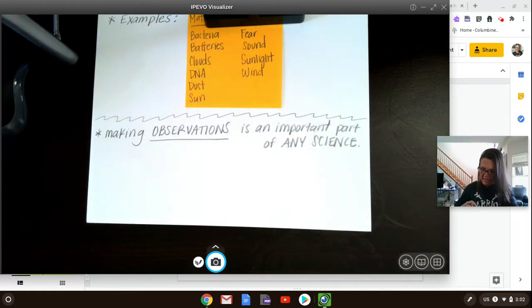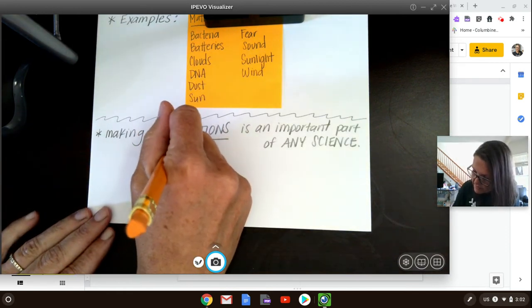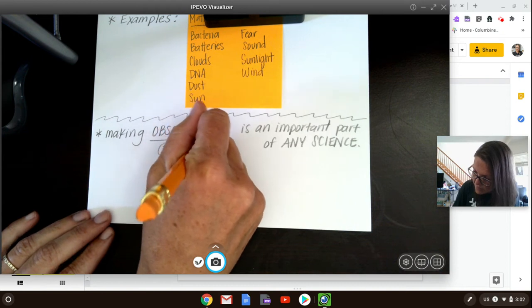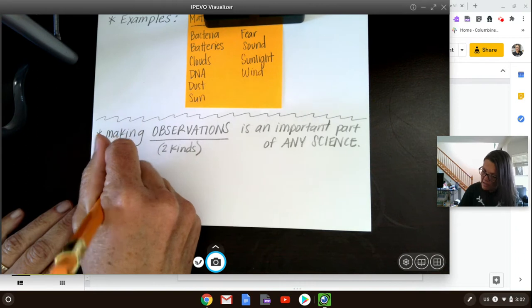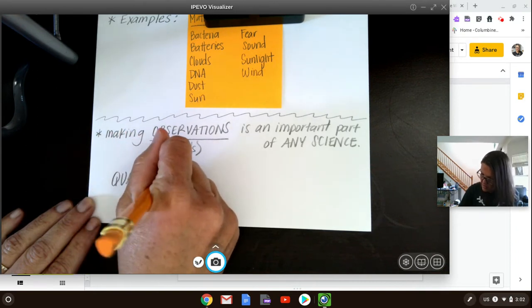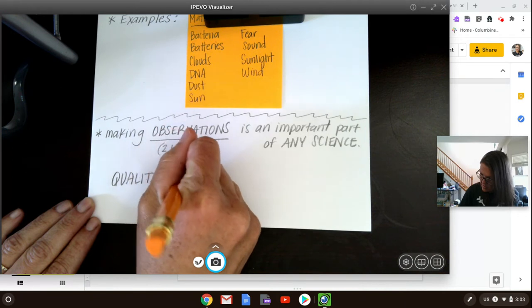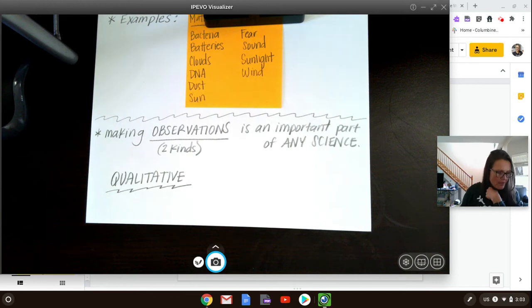Now, there are basically two types or two kinds of observations. The first kind that I want you to be familiar with are qualitative observations. And qualitative observations are basically observations that are descriptions.